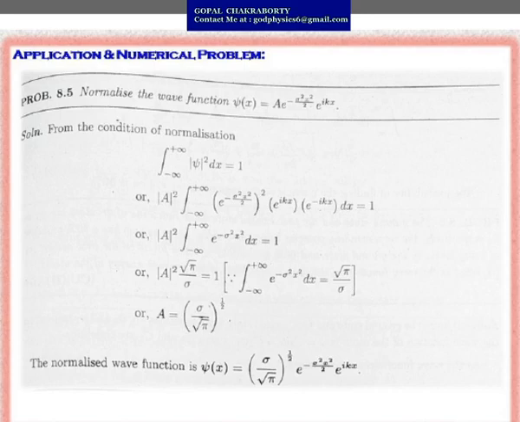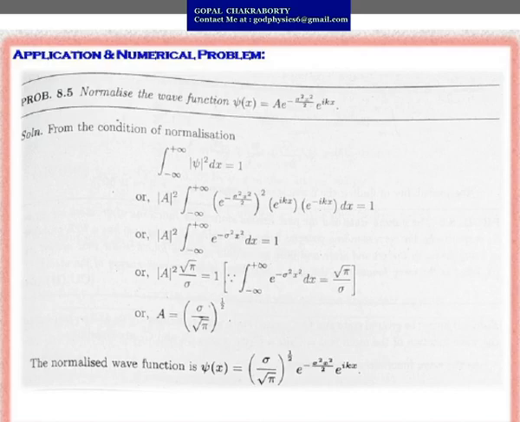So ultimately we get mod of A square, limit minus infinity to infinity e to the power minus a square x square dx equals 1. The integration minus infinity to plus infinity e to the power minus a square x square dx is equal to under root pi by a.